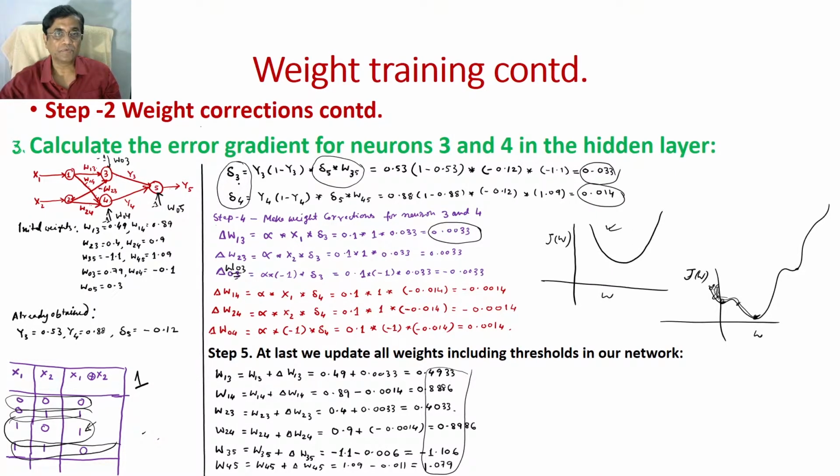Once you calculate your error gradient here, you update the weights here. Now you need to calculate the error gradient here again, and that requires your activation function's derivative times this gradient, which incorporates the derivative of the activation function here. We are using sigmoid as the activation function, right?